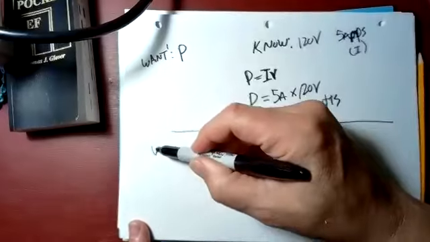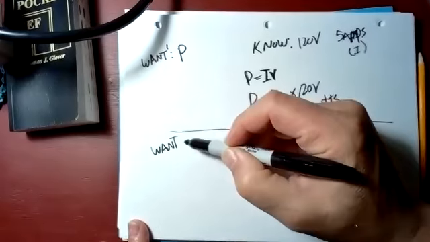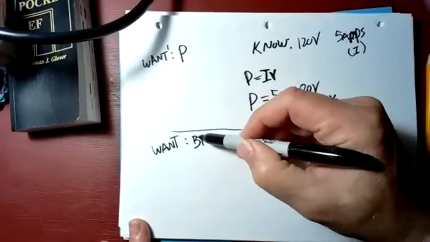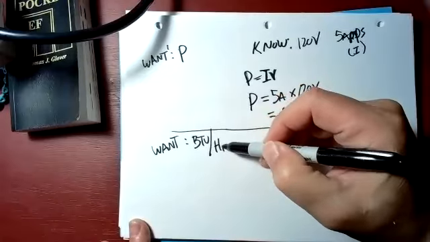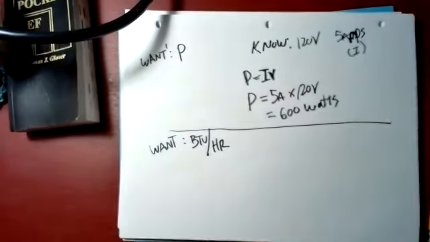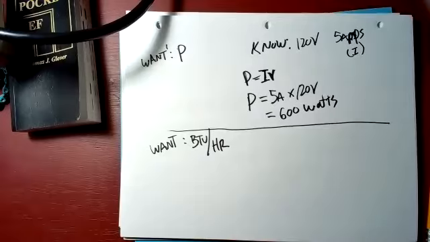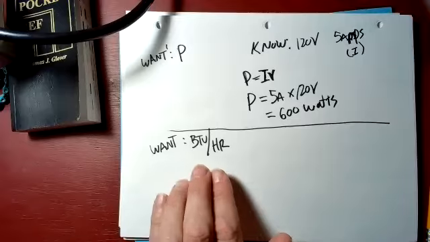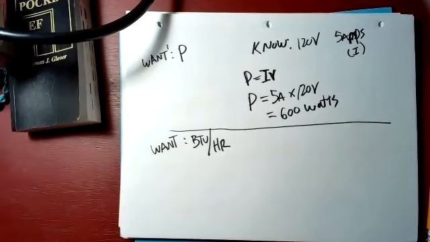So my next want is BTUs per hour. I want to know what my heat output is for that 600-watt light bulb. I might need to kick on a fan to keep that room cool.